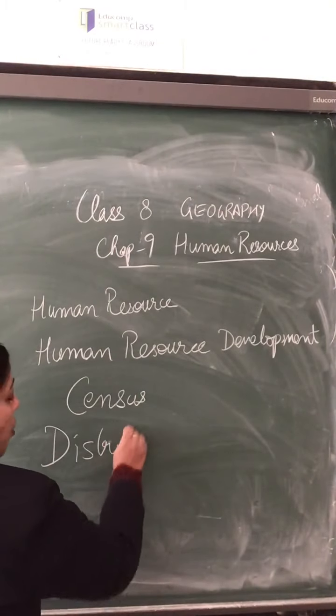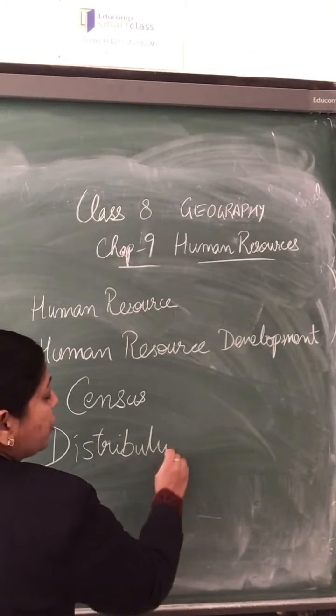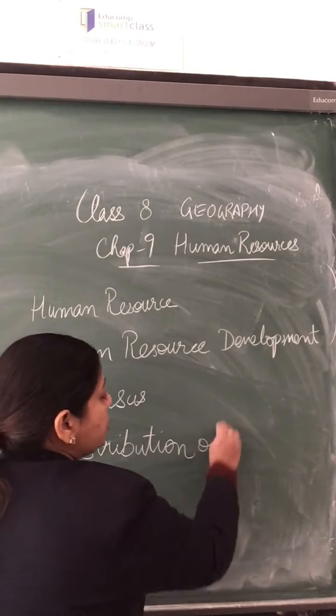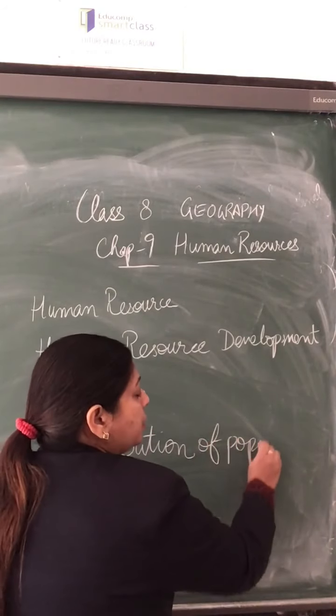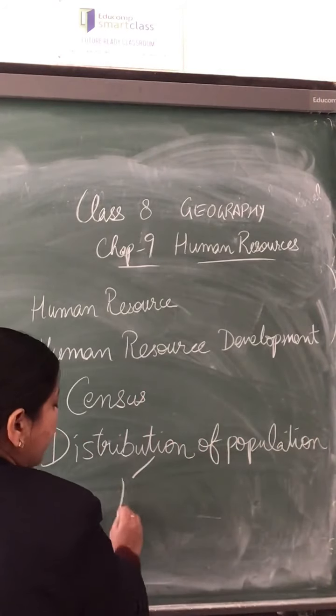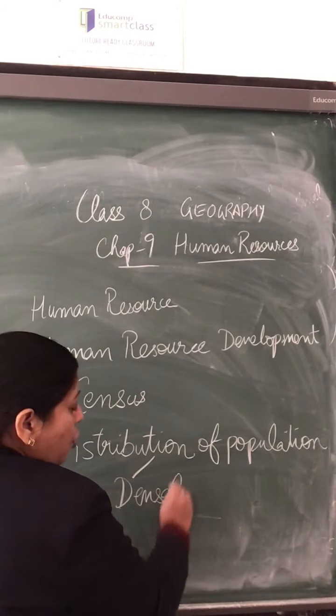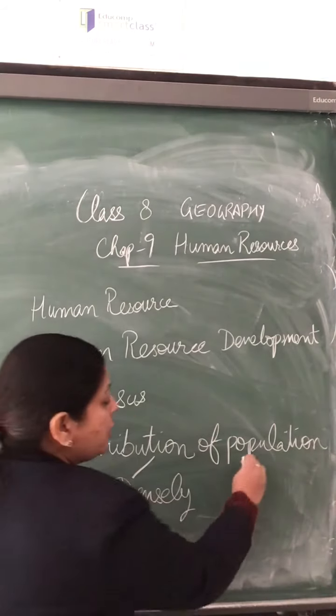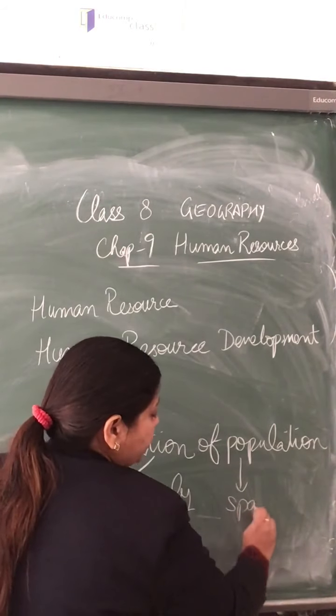Distribution of population can make areas either densely or sparsely populated.